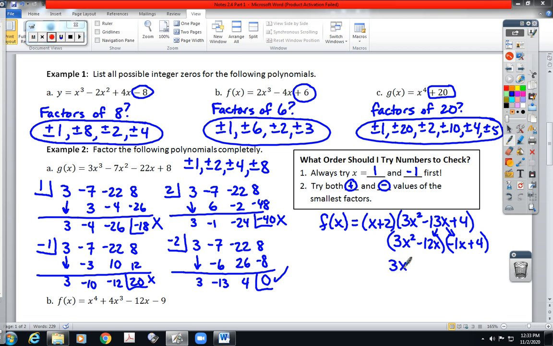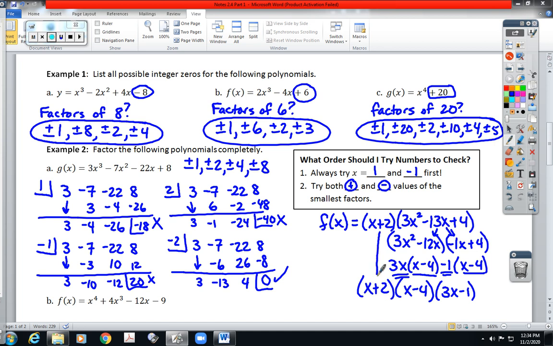So 3x times x minus 4. The second set of parentheses, I can't take anything out, and to make it match, I need to factor out a negative 1, which would give me x minus 4, meaning that that factors into x minus 4 and 3x minus 1.